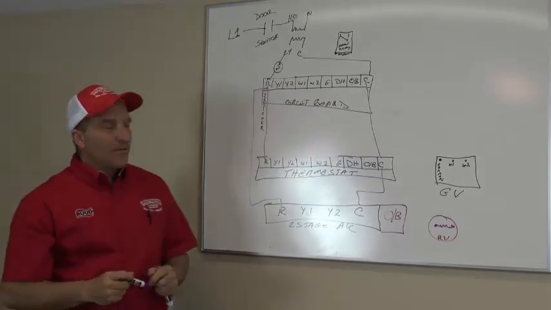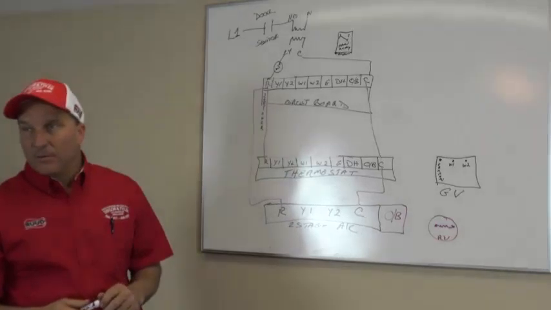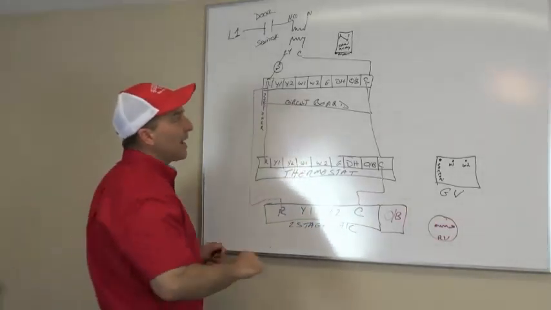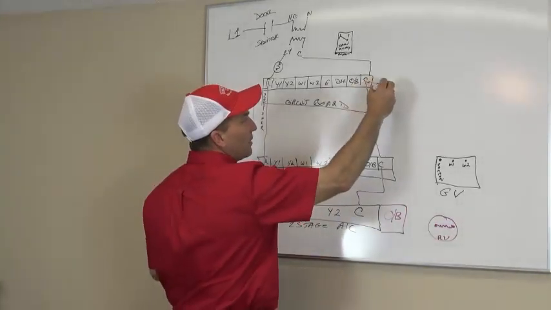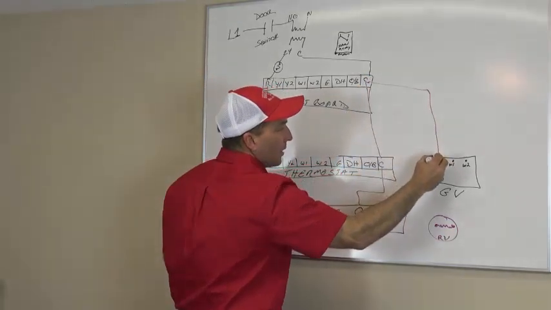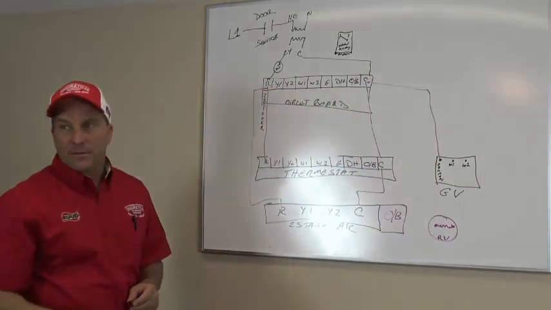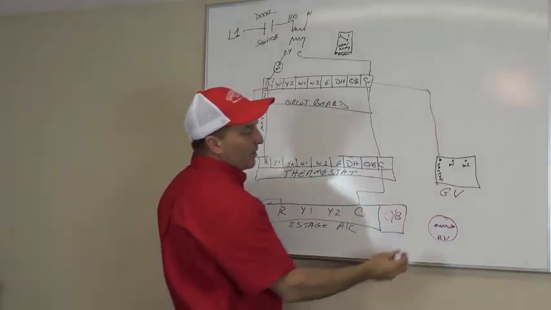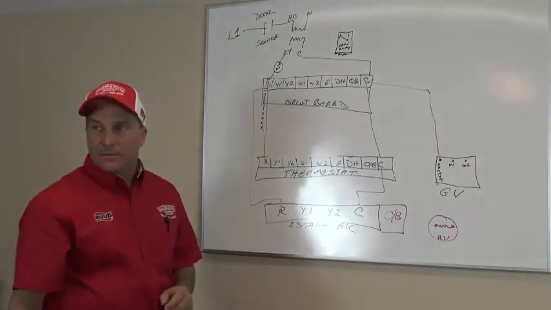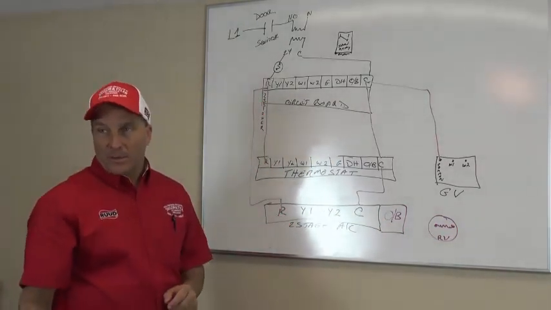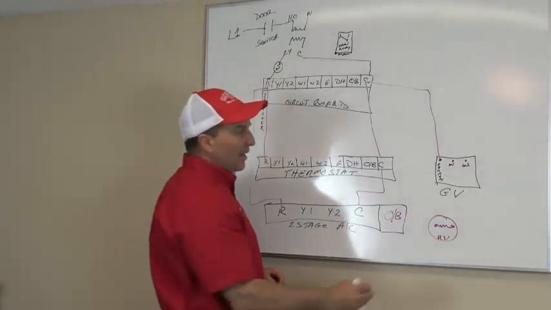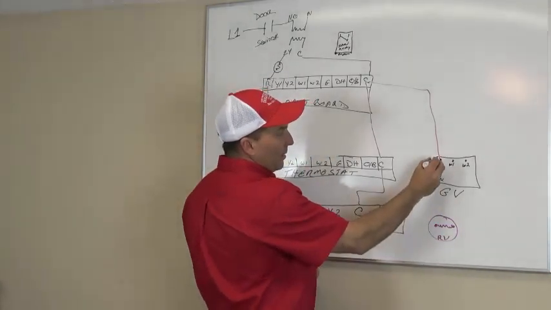What about our gas valve? Our gas valve has got to have a common to it as well, right? Now we've got 24 volts to our gas valve. How about our reversing valve? Does it need 24 volts? Eventually it will if I'm going to energize it, so I need a common there. Yes, I sure do.